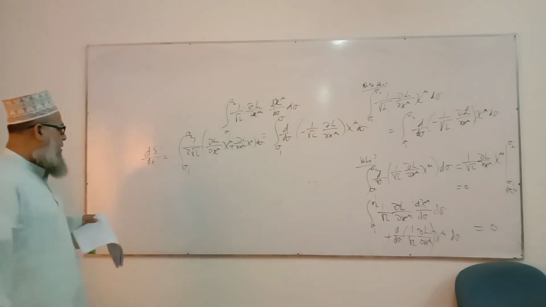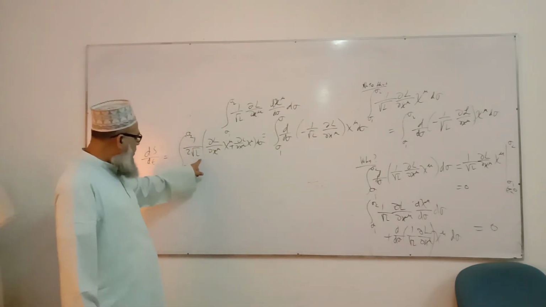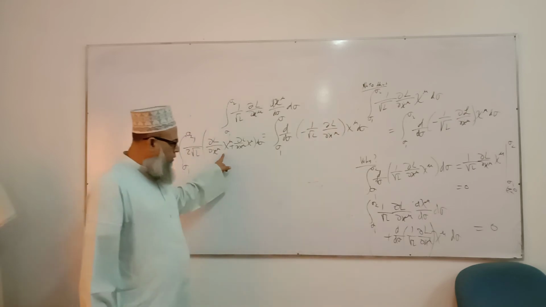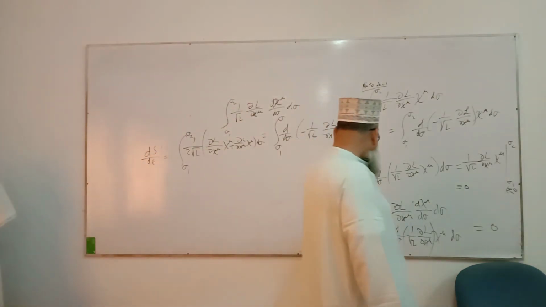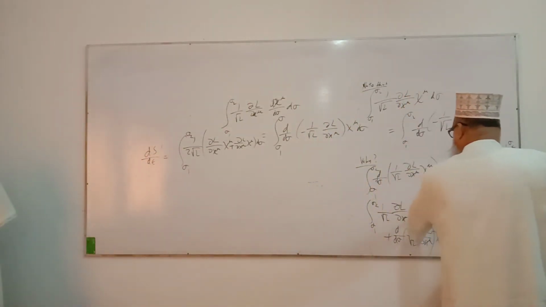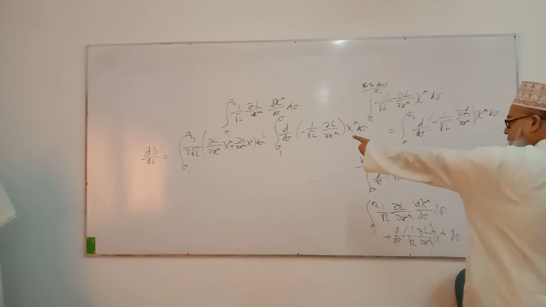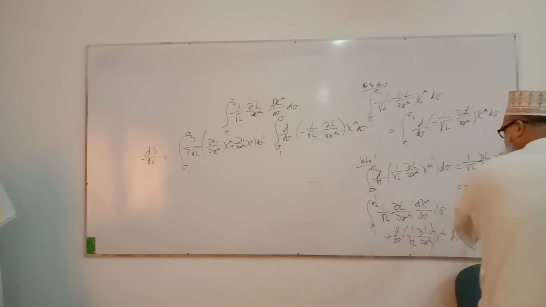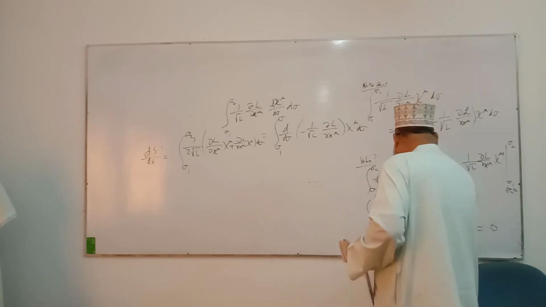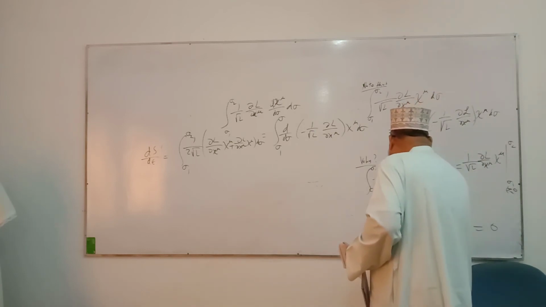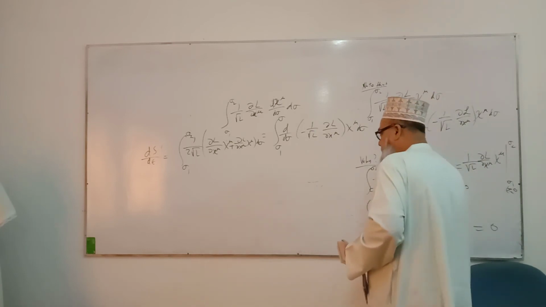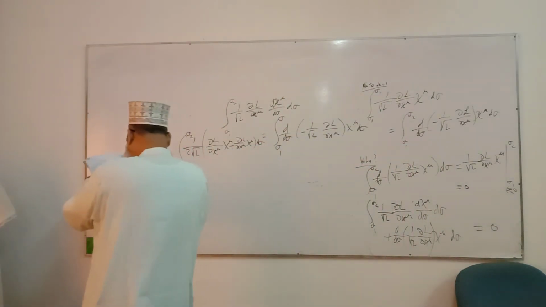Now, what is the first term? The first term is 1 by square root of L del L by del x dot mu chi dot mu, nothing but chi dot mu d sigma. So this term is equal to this term, minus with minus.